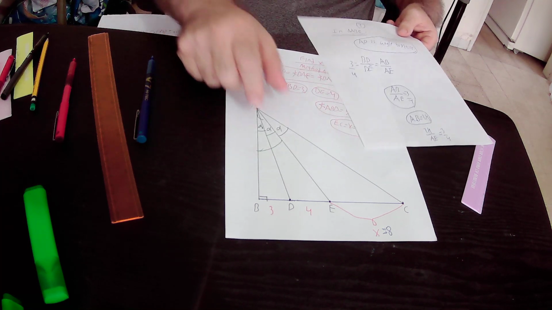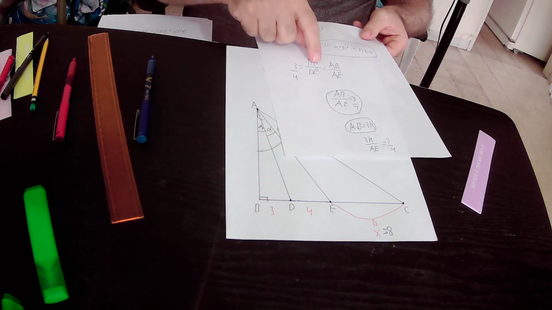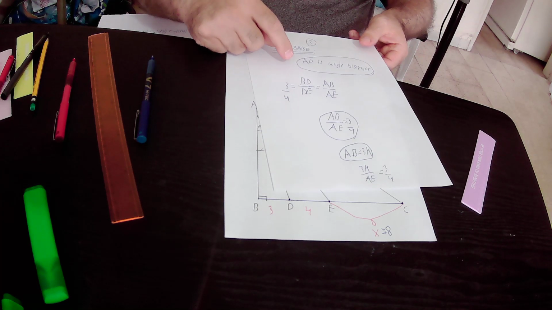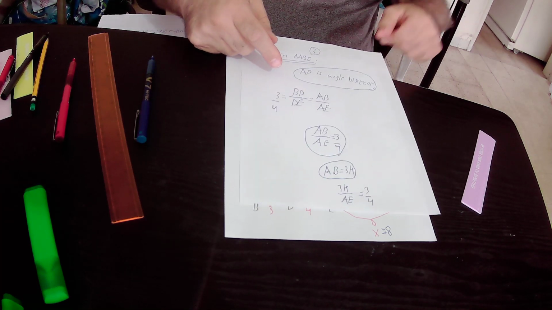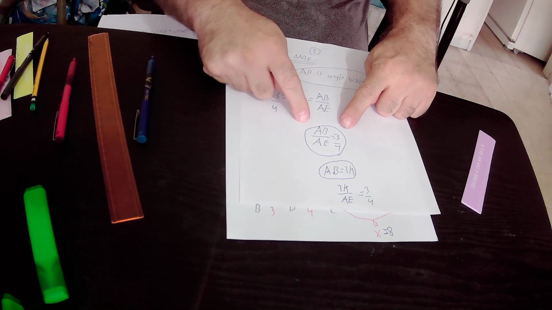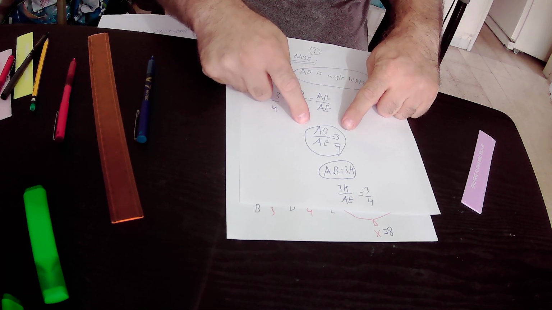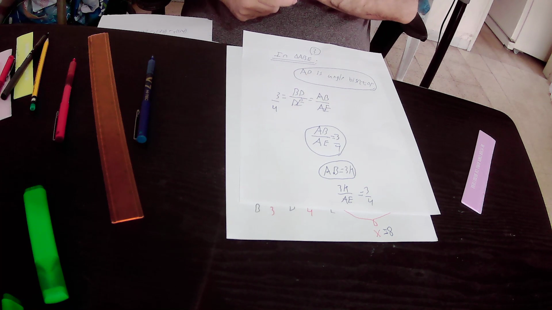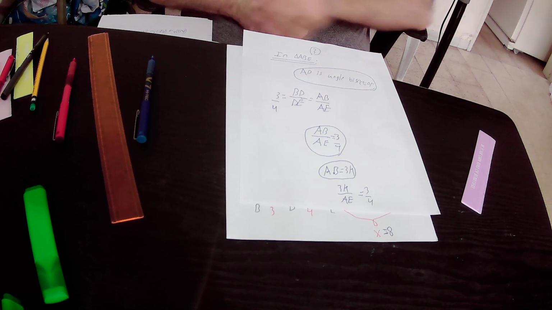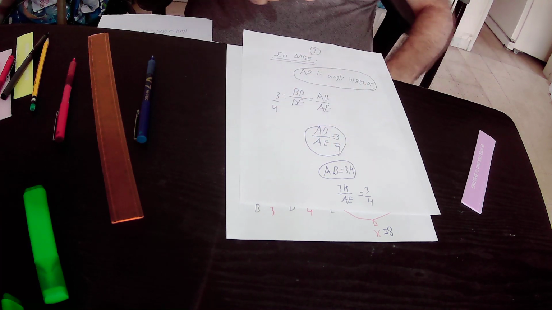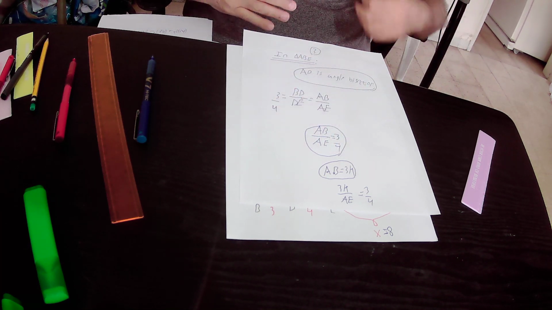But we know that BD equals 3 units and DE equals 4 units. So BD over DE is 3 over 4, so we got the equality that AB over AE equals 3 over 4. Then we defined AB as 3K.